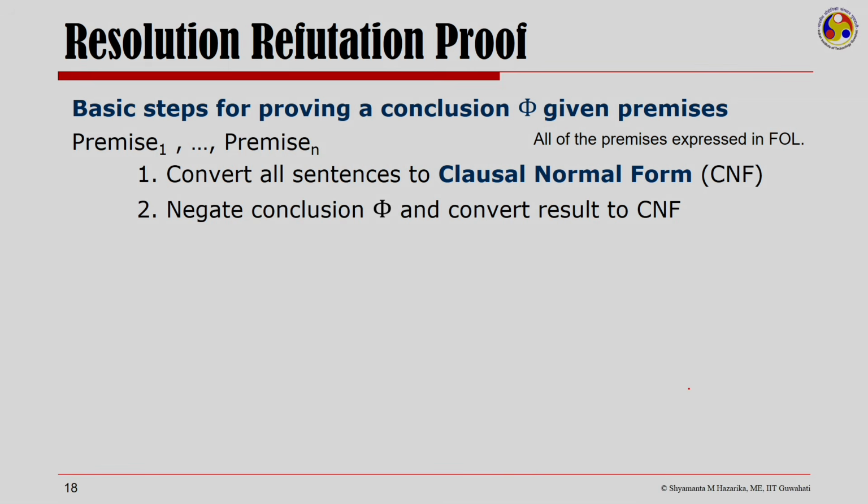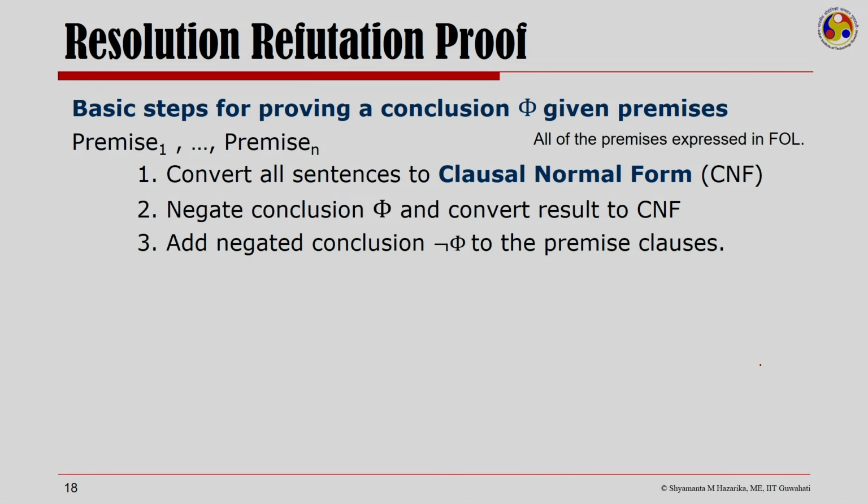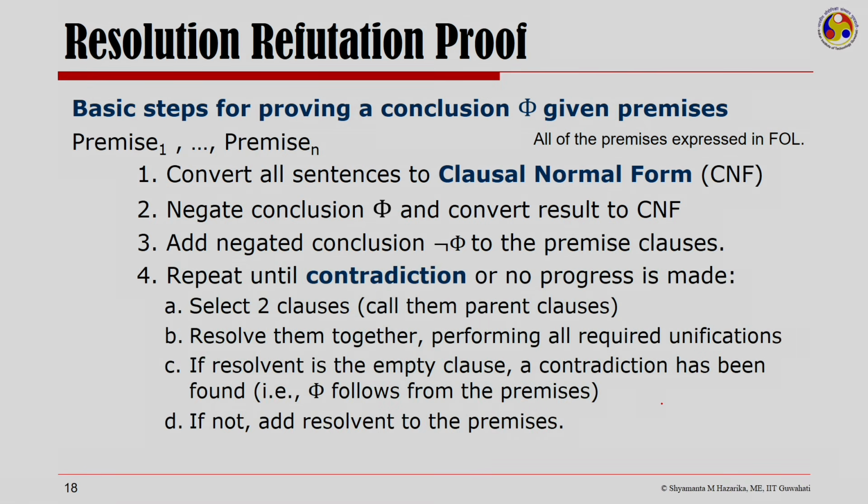Then we negate the conclusion phi and convert the result into clausal normal form. Add the negated conclusion to the premise clauses and then repeat the process of resolution. We repeat until contradiction or until no progress is made, as follows.